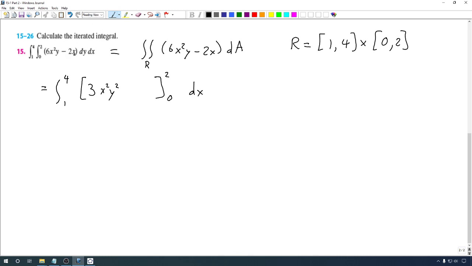Now with the minus 2x, that doesn't have any y's in it, but that does not mean that we can ignore it. Because keep in mind, when we're integrating a constant, we end up getting a copy of the variable. So the derivative of 6x with respect to x is 6, and so the integral of 6 is going to be 6x.